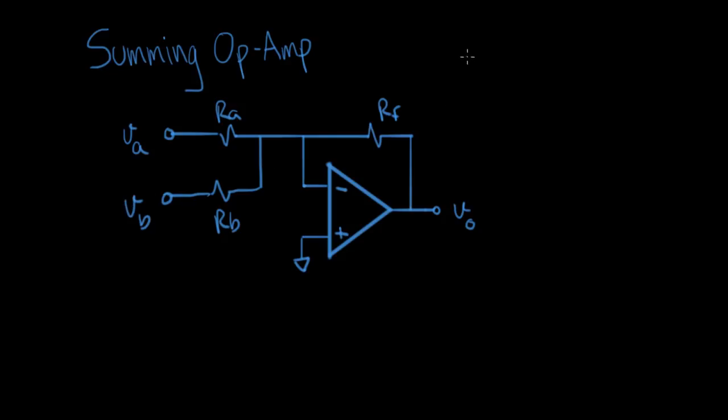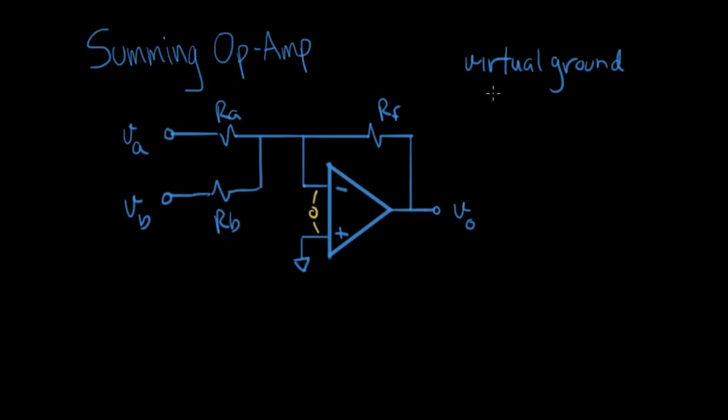We're going to use the idea of a virtual ground. The idea of a virtual ground applies to most op-amp circuits, and it's a really useful way to simplify the analysis. When we use a virtual ground, one of the things I like to do is just draw a little symbol here, like that, for my virtual ground.